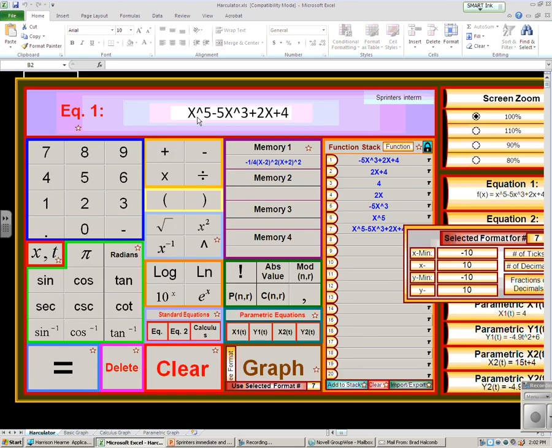Okay, so here we are graphing our function x to the 5th minus 5x cubed plus 2x plus 4. So we'll go ahead and take a look at that guy. This will take a second, but of course you're entering it in your calculator now to compare.